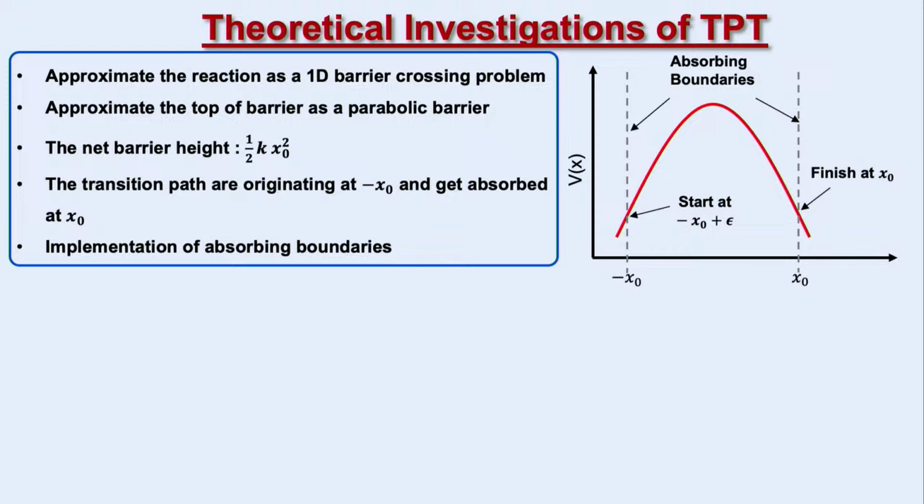Since we are talking about transition paths where recrossing is forbidden, one needs to implement absorbing boundaries. The basic idea of the modeling is that the trajectory starts very close to the left boundary, at minus x0 plus epsilon, and is terminated when it reaches x0, and ideally one has to put absorbing boundaries there.